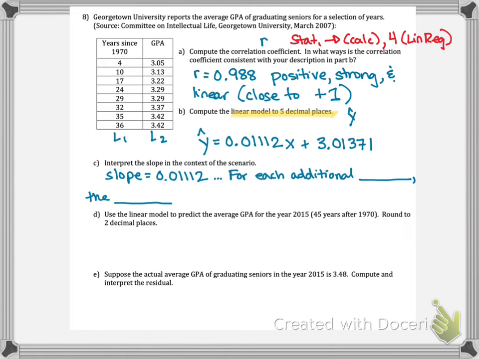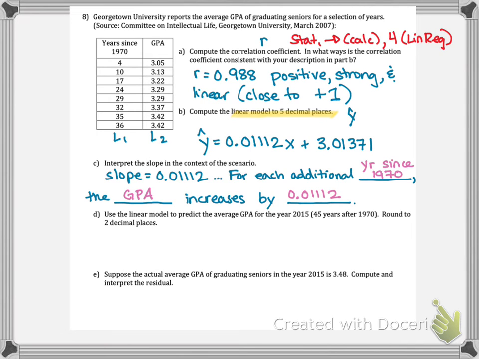And then the y variable, in this case, increases because my slope is positive, by, and then I'm going to have a blank again. I'm going to go ahead and fill in my blanks. For each additional x, so this is year since 1970, the y, so the GPA, increases by, and then we put the slope, 0.01112.